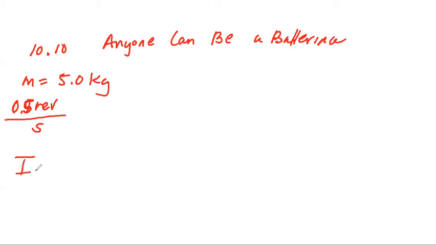So I know, without the dumbbells, it's 3.0 kg meters squared with arms outstretched, and 2.2 kg meters squared with his hands at his stomach.